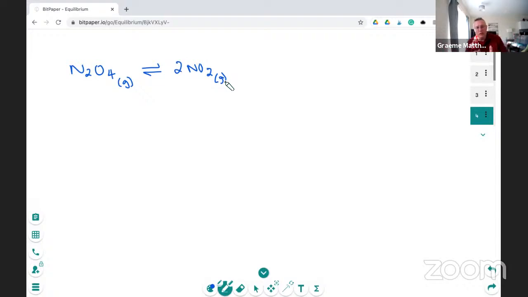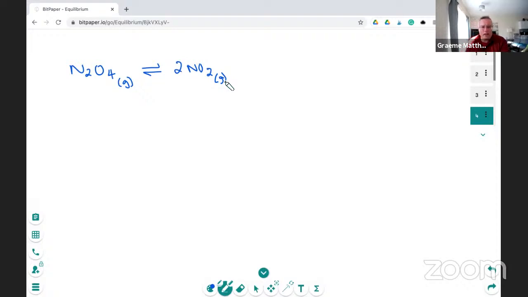Then if you increase the pressure on it, it moves to one side, and if you decrease the pressure, it moves to the other side. So this has to do with pressure. The reason they enjoy doing this one is that you do see a color change.